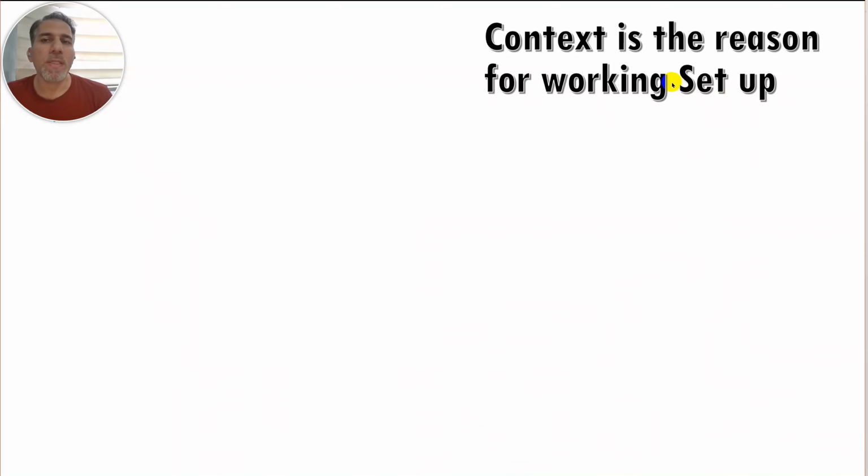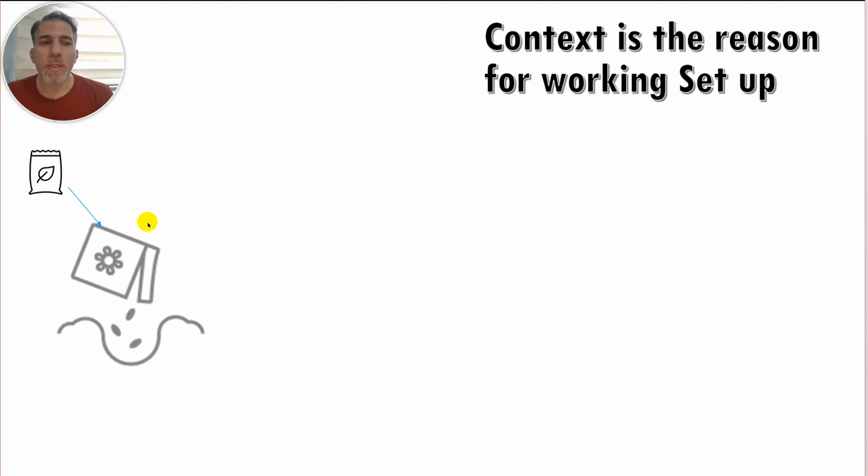Now, context is the reason for a working setup. So look, when you have a seed and you want to plant it and have a flower or a tree, you put the seed under the soil, and we need other stuff to make this seed grow and become a tree or flower.